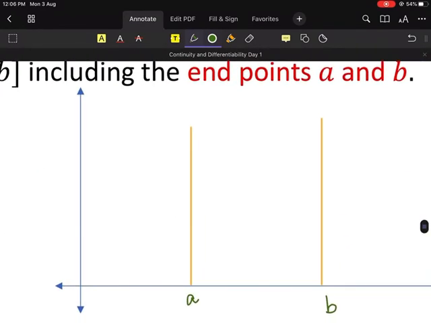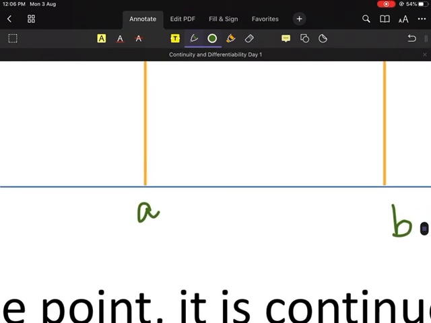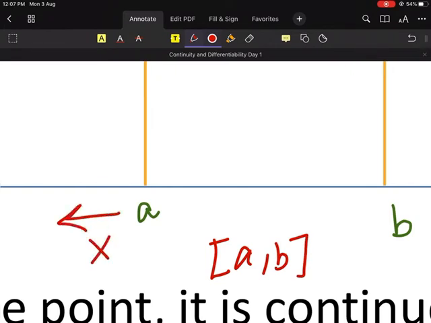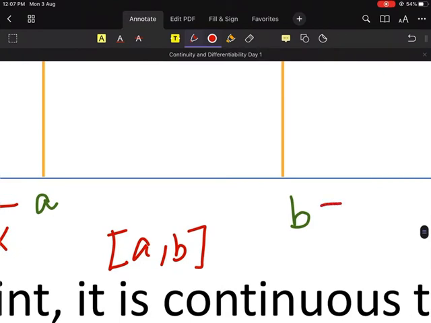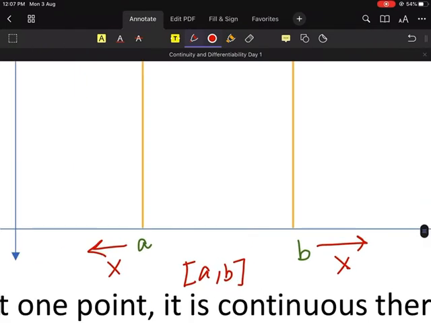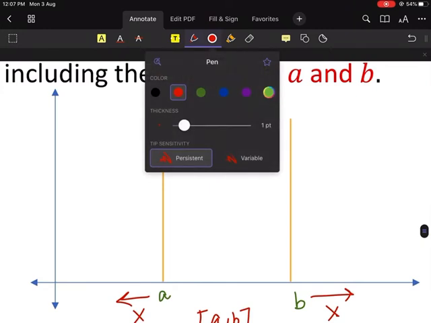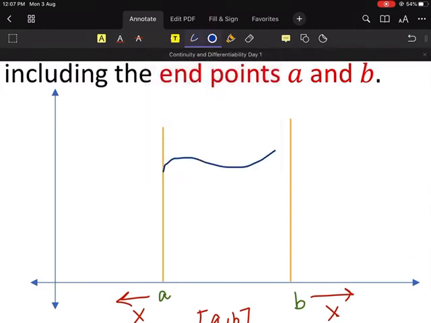Closed interval A and B. Here they are talking about closed interval A and B. Closed interval means what? Closed interval means the value of x cannot go beyond this. Yes or no? And the value of x cannot go beyond this. Yes or no? Everybody understood? A and B are the endpoints.